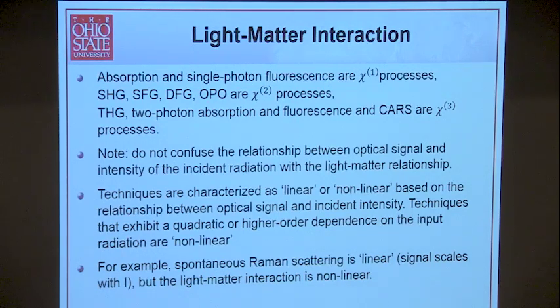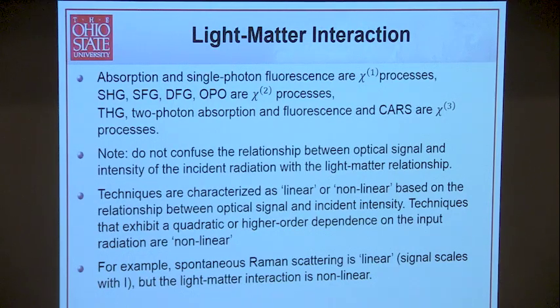Again, make sure you don't confuse this. When I say linear and nonlinear, techniques are characterized as linear or nonlinear based on the relationship between the optical signal and the incident intensity. So techniques that exhibit a quadratic or higher dependence of the signal on the input are nonlinear.